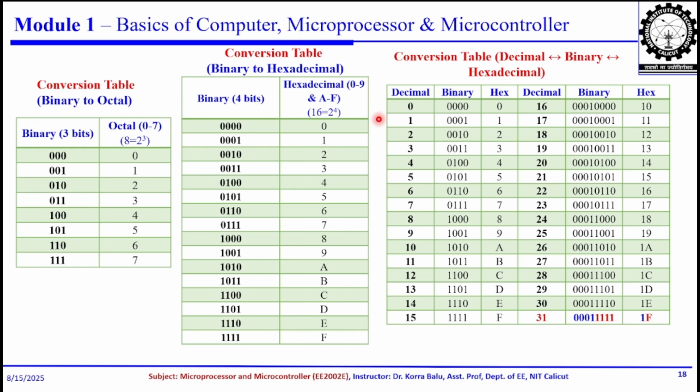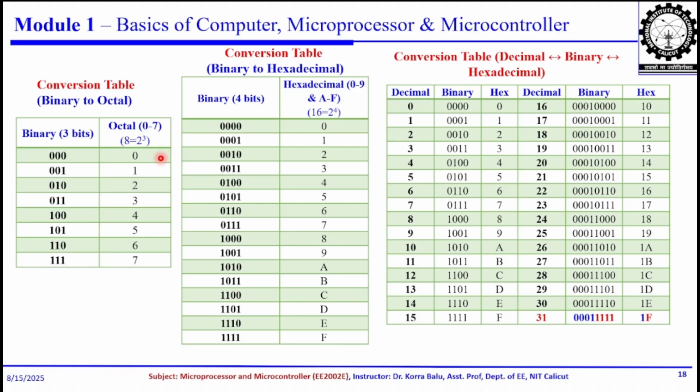For example, you will see here 16 is equal to 2 to the power of 4. The 4 is the number of bits, and how many digits are there in total in hexadecimal? There are 16. We can represent the digit starting from 2 to the power of 0, 2 to the power of 1, 2 to the power of 2, 2 to the power of 3, and 2 to the power of 4 gives 16. In hexadecimal each digit has 4 bits, because hexadecimal represents 0 to 16.